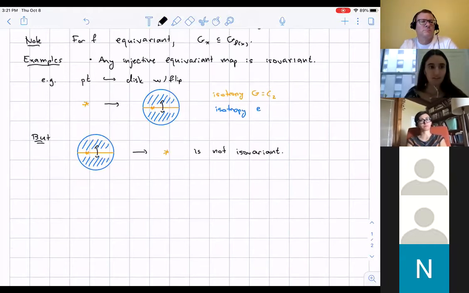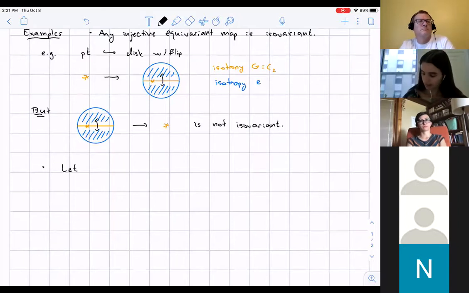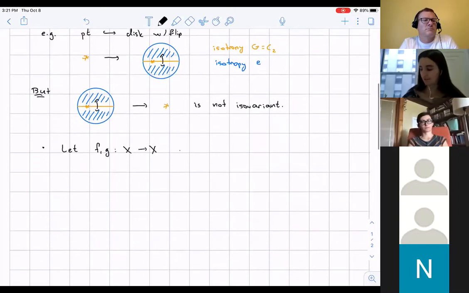All right, so maybe I'll move on to a more general set of examples. Let's say that we have two maps, f and g, from a space X to itself, and that they are homeomorphisms.